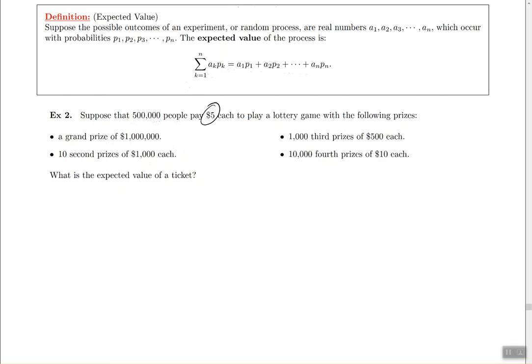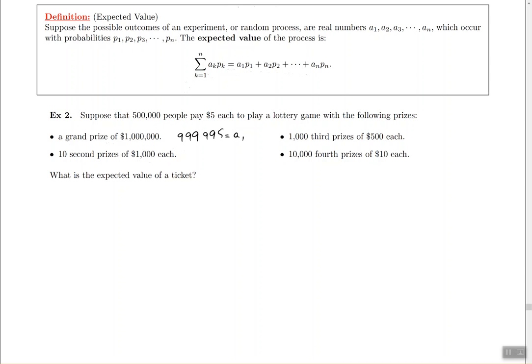Well, you spent $5 to buy the ticket and you won $1 million. So basically you ended up gaining $999,995 because you spent $5 to earn that money. In my case, that would be the A1. So I'm going to call that the gain.